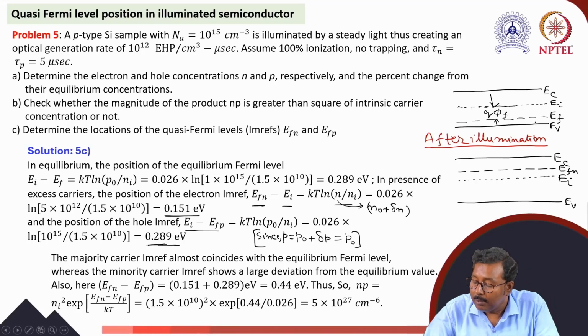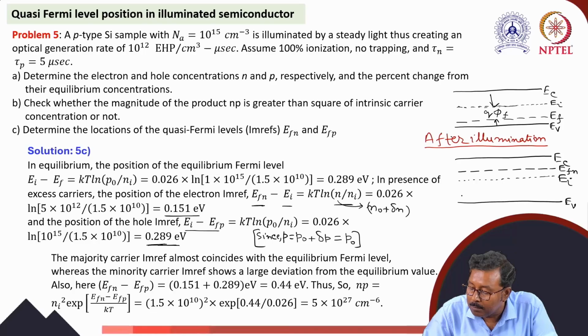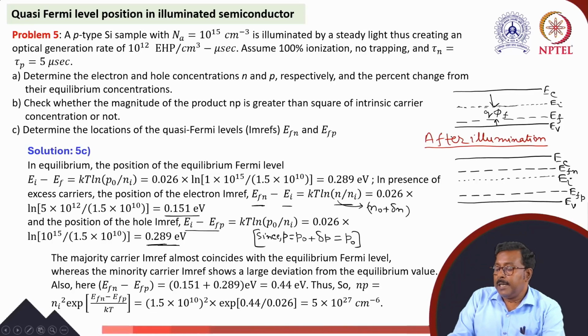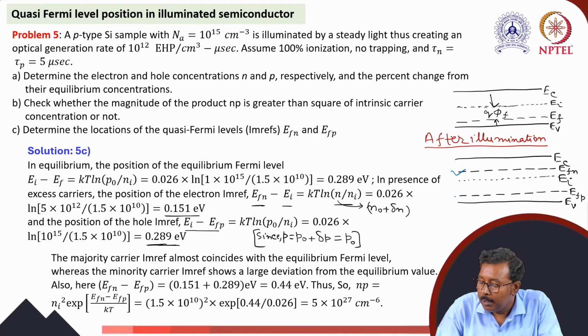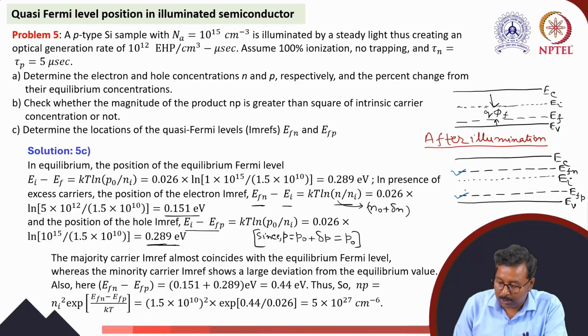Earlier EF was closer to the valence band, and this is also the same. Which indicates these two lines are the quasi-Fermi levels, this one and this one. These are the positions.